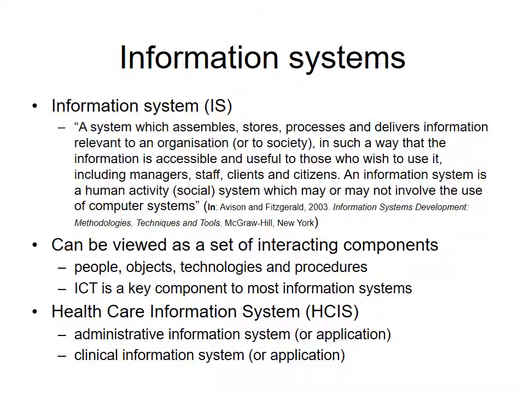The original definition of information system doesn't imply that the system has to be computer-based, so it doesn't imply the use of any computer. However, nowadays, more and more information systems are computer-based systems, simply because that's the way society is going forward.